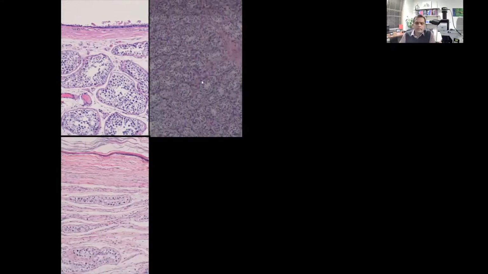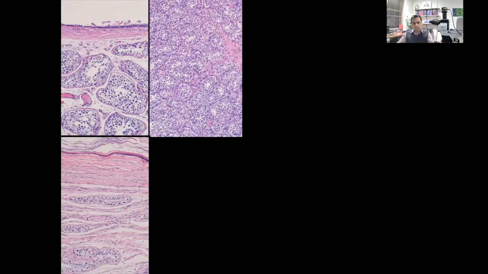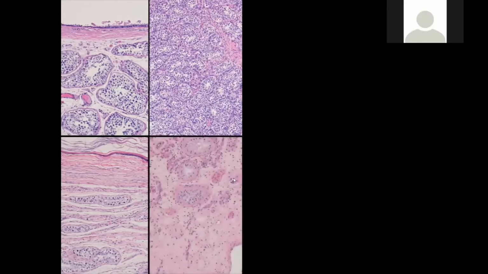Okay. And then in this case, other areas of the testis showed prepubertal type seminiferous tubules. Okay, so this is in a prepubertal setting, whereas in this particular patient, the adjacent testis shows features of dysgenesis. This is what I was talking about.